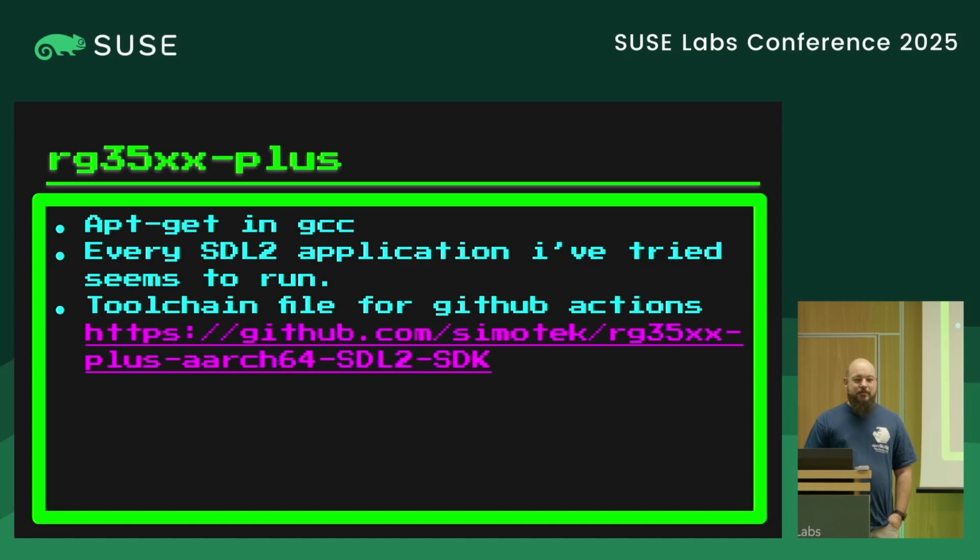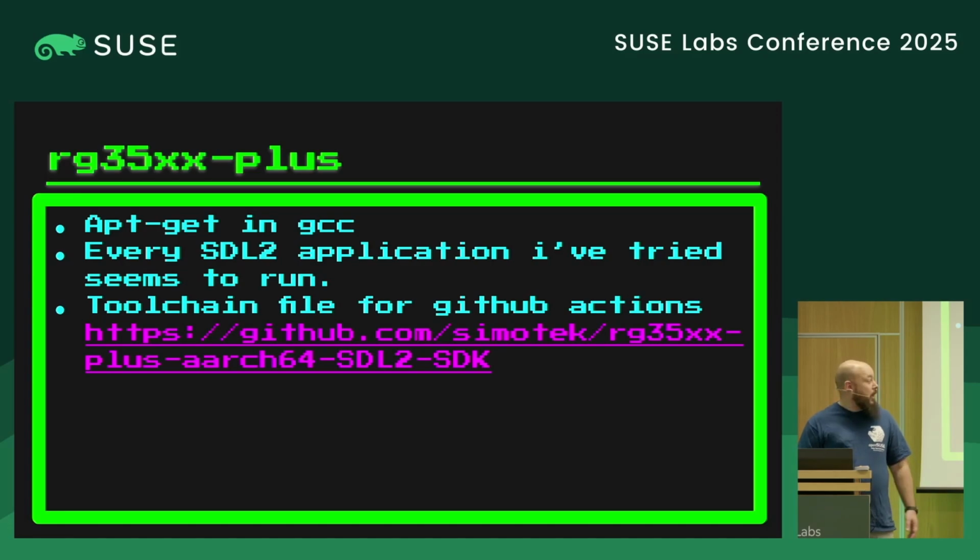Other questions? So you're running on the RG35XX, you're running the stuff in the browser still? No, on the RG35XX, I set up SSHFS, and because it's basically running Ubuntu, I just installed the compiler and compiled it on the device.